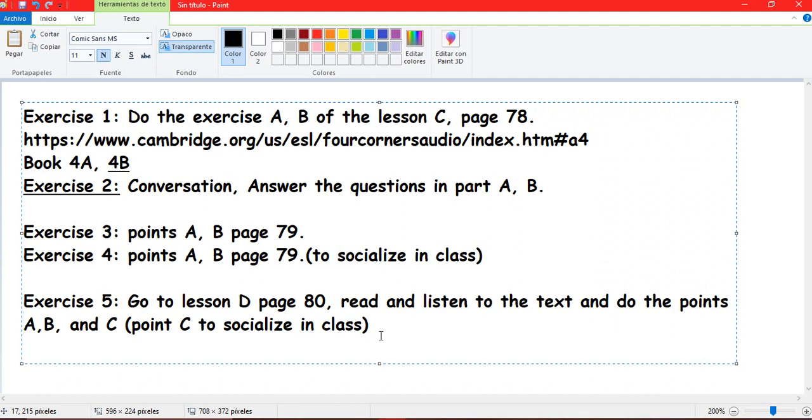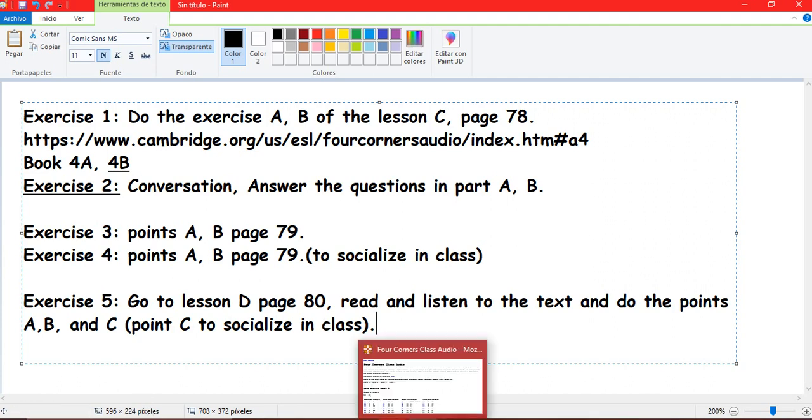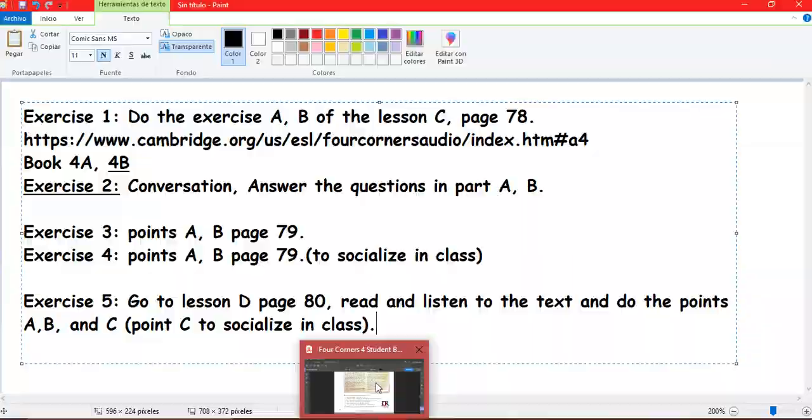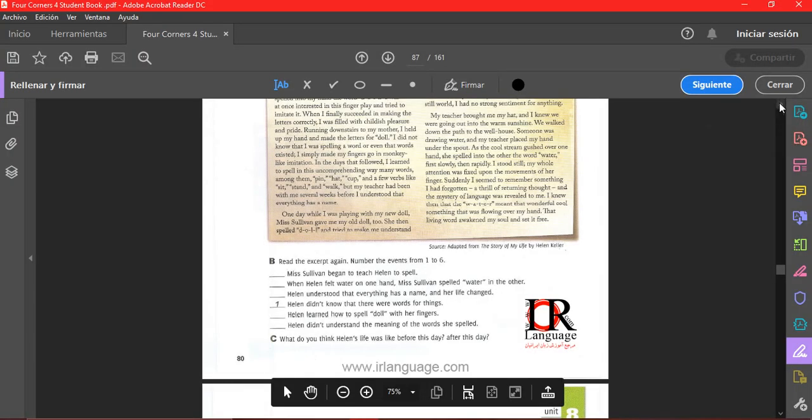Okay. So this is what we're going to do in this part. We're going to go to lesson D, page 80, read and listen to the text and do the points A, B, and C. The point C is to socialize in class. It's not to be sent by email. But first, let's listen to the recording, people, to see what the reading is.